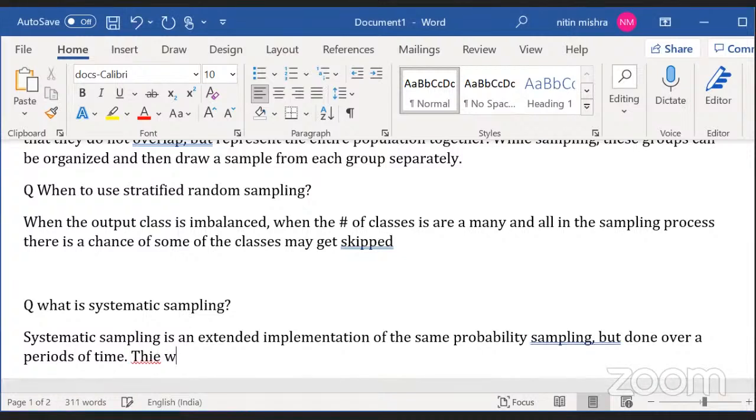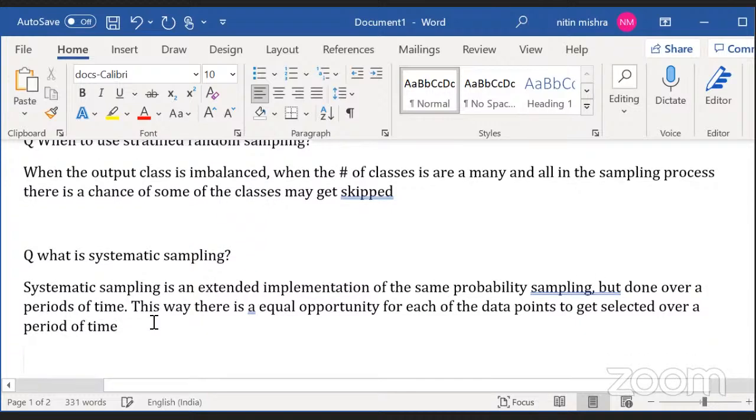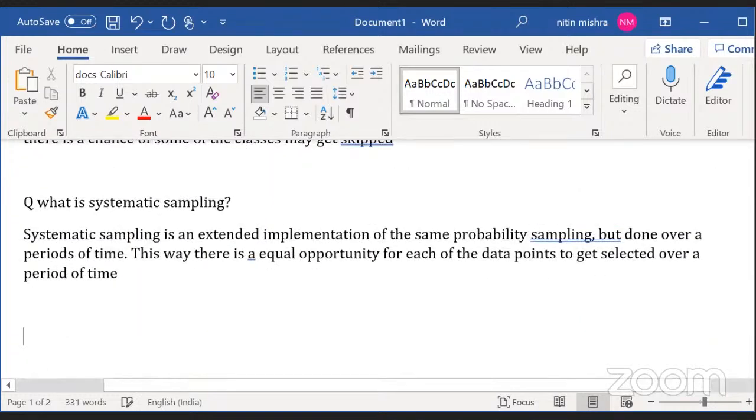This way there is an equal chance to be selected over a period of time. All right, so that is systematic sampling.